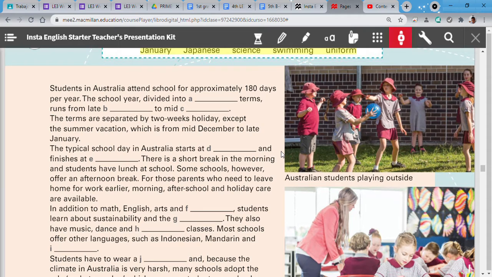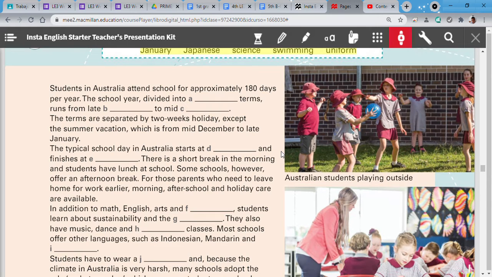In addition to math, English, arts, and science, students learn about sustainability and the environment. They also have music, dance, and swimming classes. Most schools offer other languages such as Indonesian, Mandarin, and Japanese.